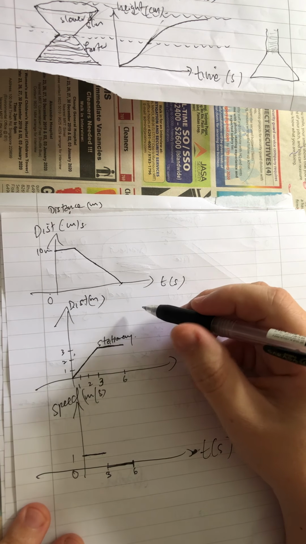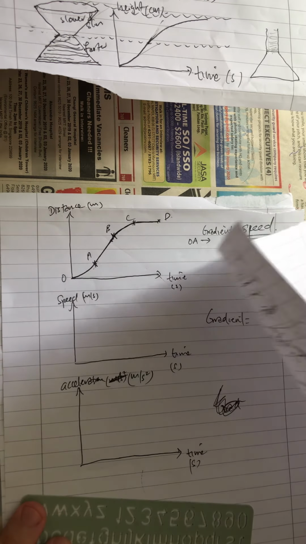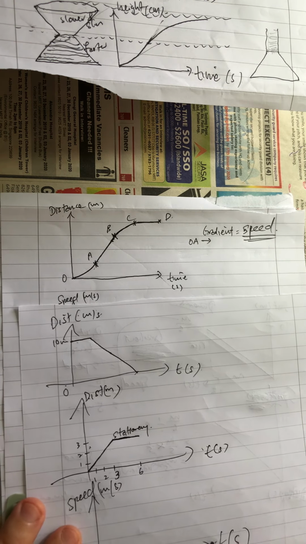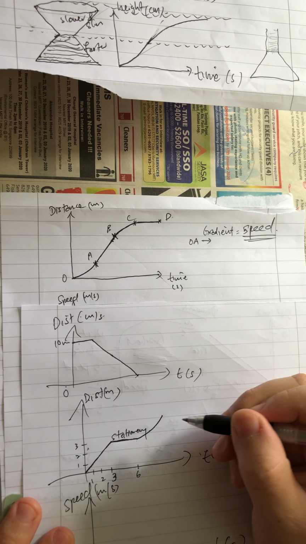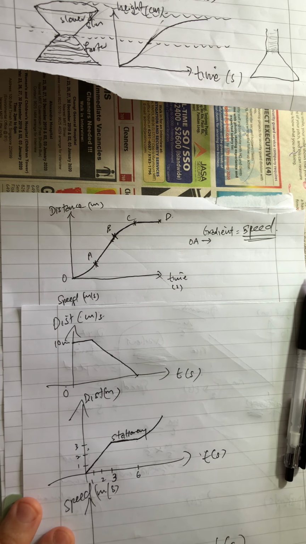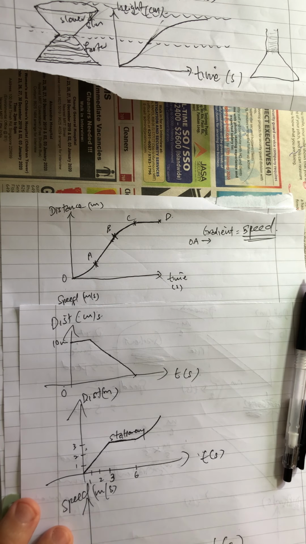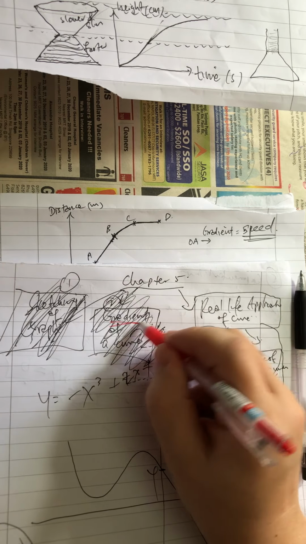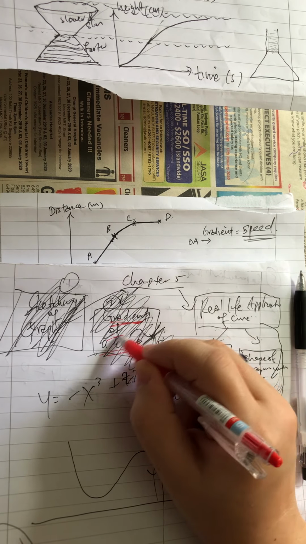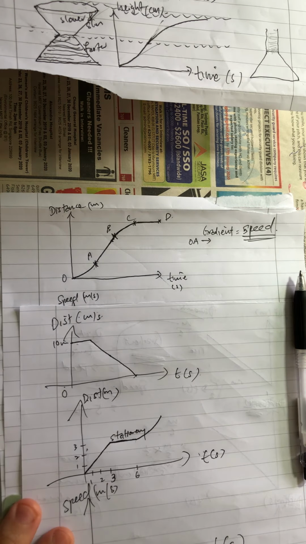Now what if it is like that? That's why we learned this just now. It's called the gradient of a curve, and it's very important.